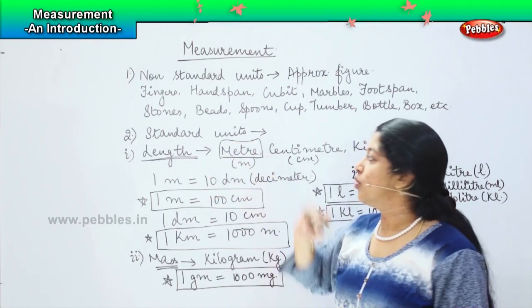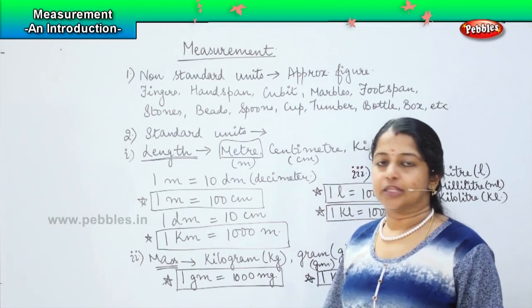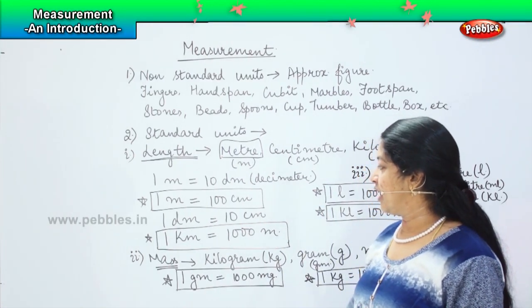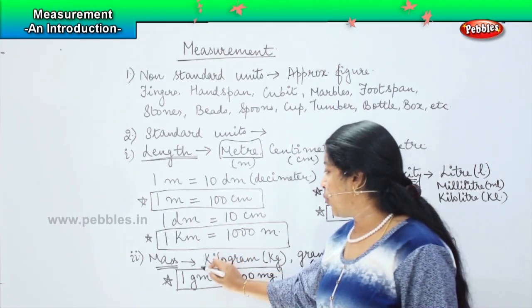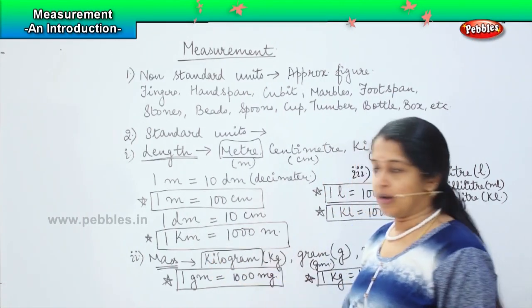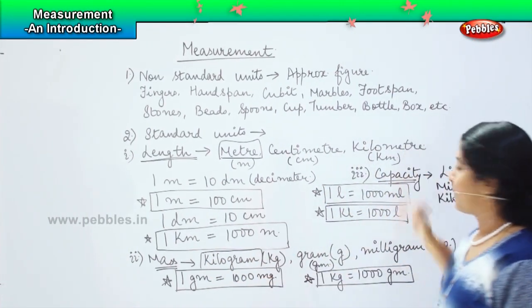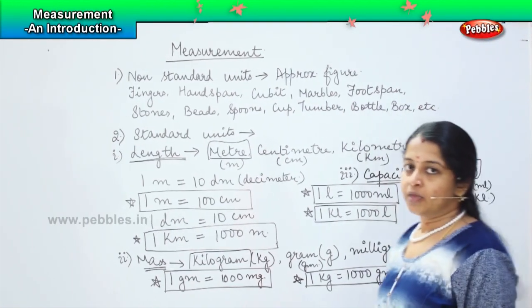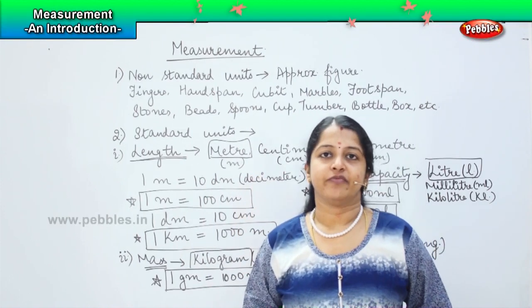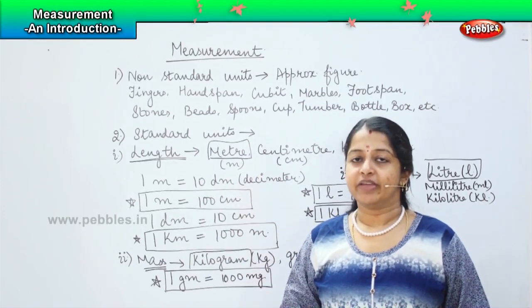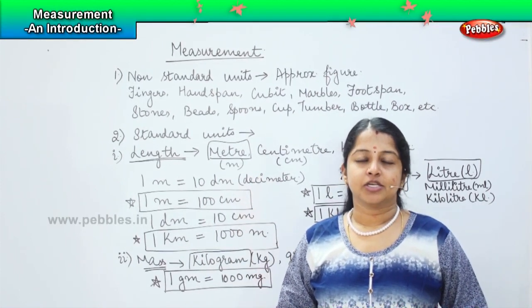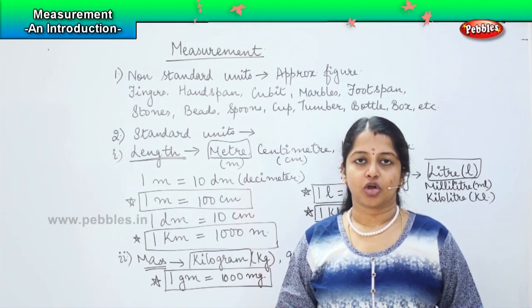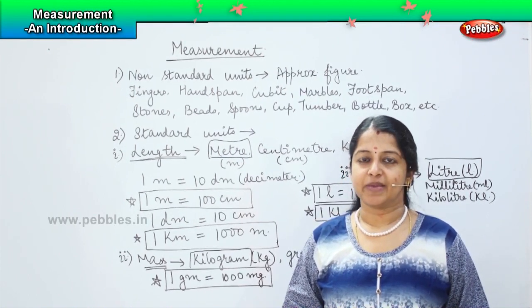If you have to calculate the value of mass, that is the weight, we use kilogram. And if you have to use in capacity, then liter is the unit of measurement. So keeping all these points in view, we will be solving the sums to see how far we have understood the concept well. So shall we begin our problem?